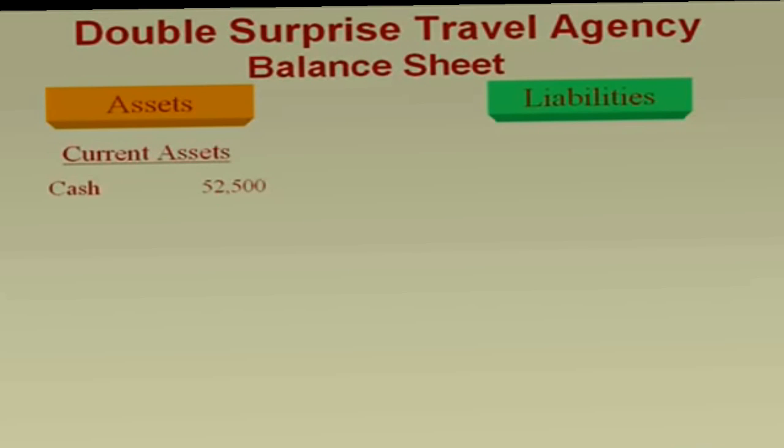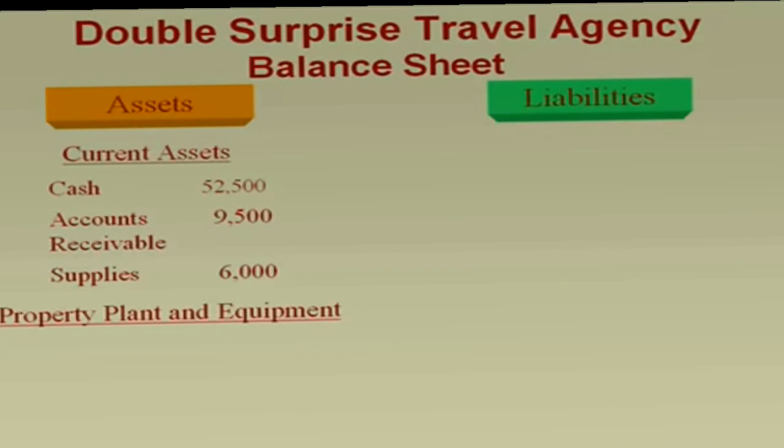It should be cash, accounts receivable, supplies. Are there any more? If not, the long-term assets, you stick under property, plant, and equipment, and they are equipment, 2,500, vehicle, 30,000. Is that it? If so, total it up. Comes to 100,500.